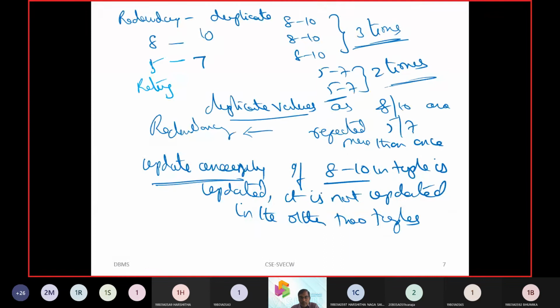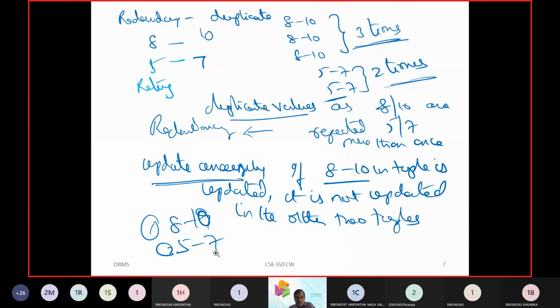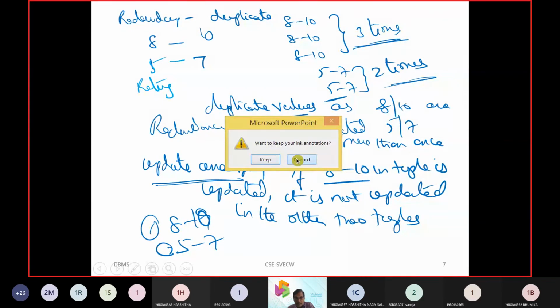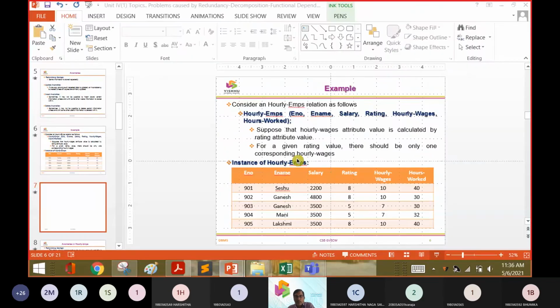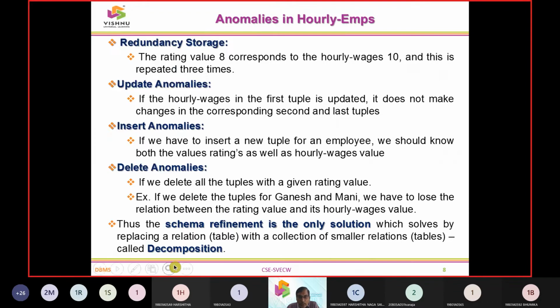What are the 3 cases? Case 1, I must know it is 8 and 10, or it can be 5 and 7, or it can be 9 and 9. So in this way, whatever scenario we are going to use, that scenario needs to be understood.